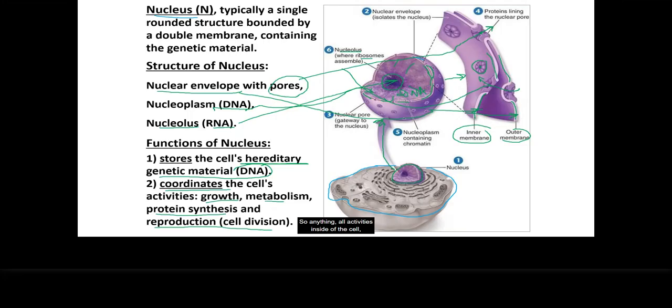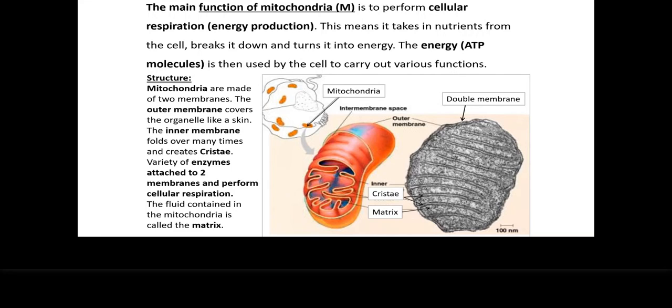So all activities inside of the cell are regulated by the DNA, by the molecules and RNAs inside of the nucleus. So this is a very important structure.